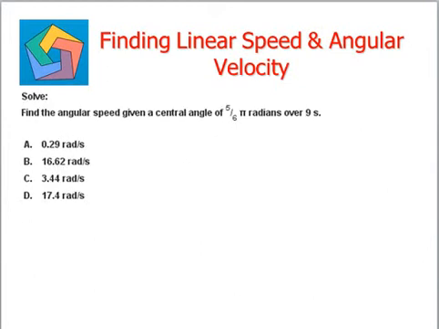Find the angular speed given a central angle of 5 by 6 pi radians over 9 seconds. So we are given the central angle, also can be represented as theta equals to 5 by 6 pi radians.